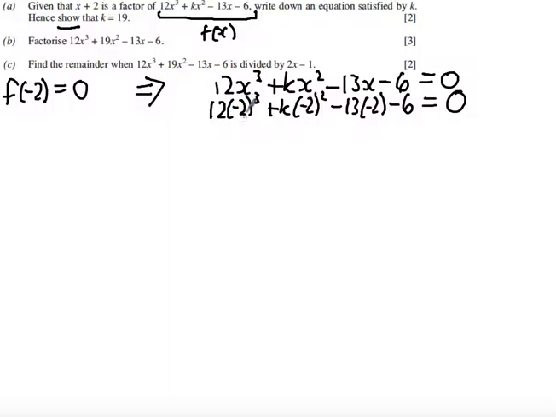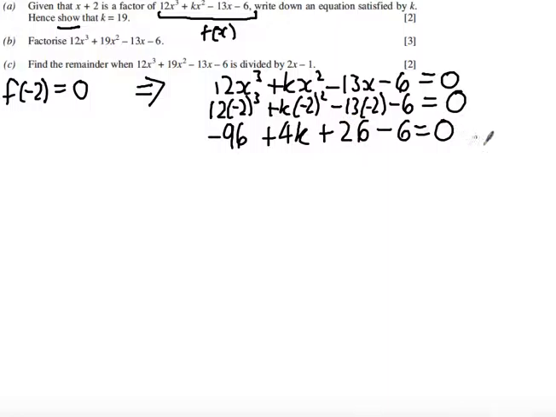Working through these terms, minus 2 cubed is minus 8 times 12 gives me minus 96. Minus 2 squared is 4, so I get plus 4k. Minus 13 times minus 2 is plus 26, and then minus 6 equal to 0. If I tidy up the constant, plus 26 minus 6 gives me plus 20.